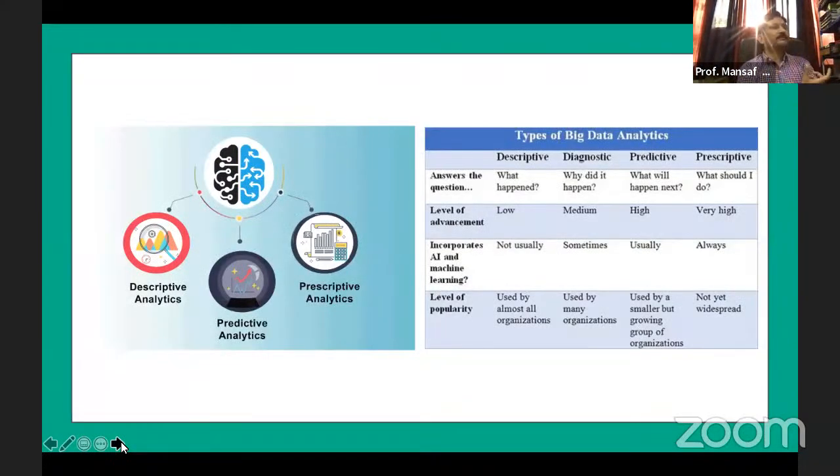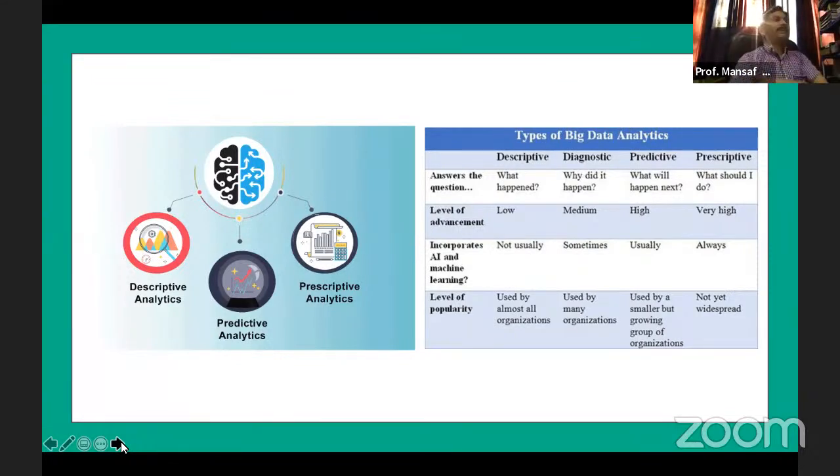Now, friends, I'll take only 10 minutes because time is going to be over. Just see here. You are working in the field of data science and you have to solve a problem. Then you have to decide what type of data analytics is required in a particular situation.